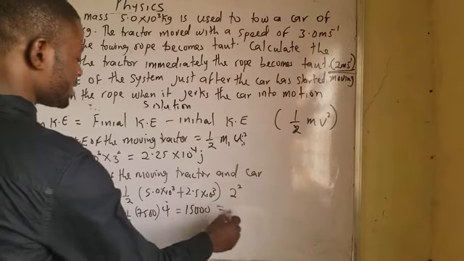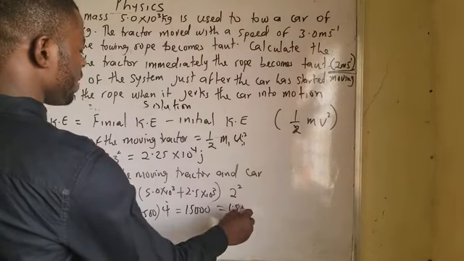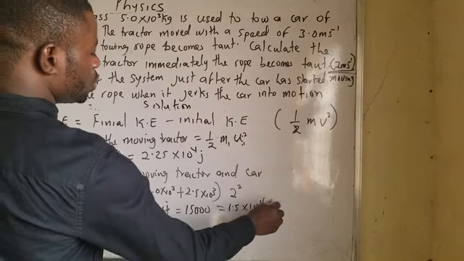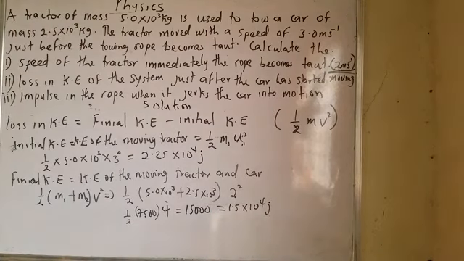Now, I can as well write this as 1.5 times 10 raised to power 4 joule. That is the kinetic energy I'm talking about.